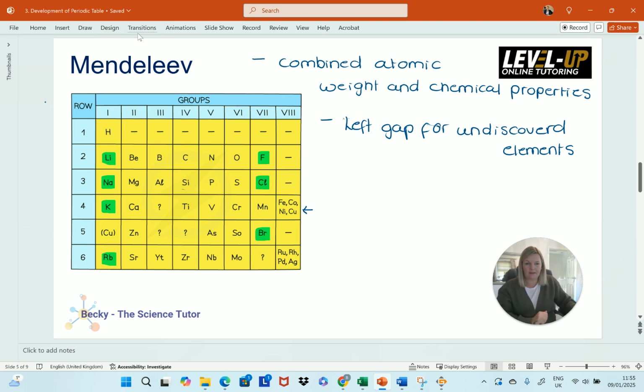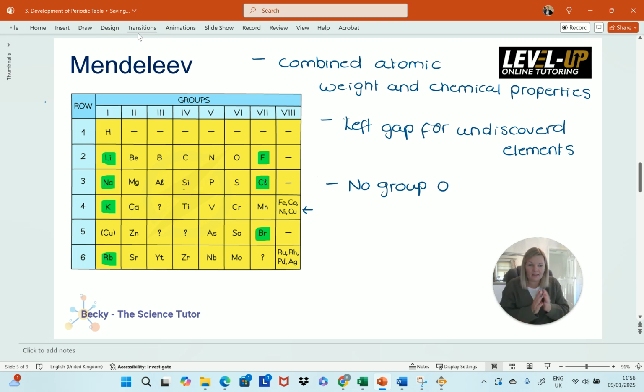Okay. So Mendeleev was your sort of leading force, if you like, to the development of the periodic table today. Now, sometimes you are asked questions of similarities and differences between Mendeleev's table and today's table. One of the big things with Mendeleev's table is that there is no group 0, so there are no noble gases at this point.